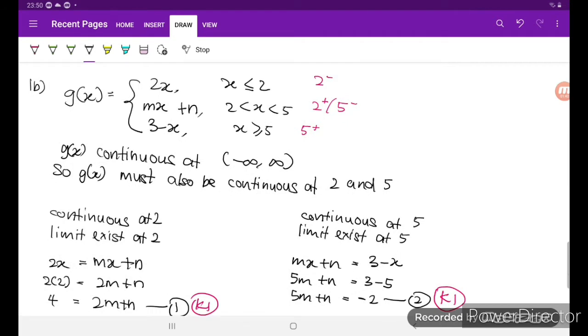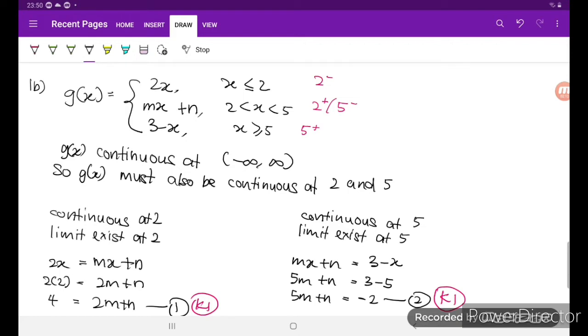Question number 1b, we are given a g(x) function. So in this question, g(x) is continuous from negative infinity to infinity. So this means g(x) must also be continuous at 2 and 5. So we look at the conditions one by one.